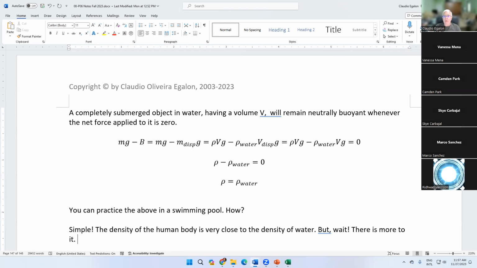It's not only very close to the density of water, but the density of the human body can be adjusted within a range, just below and just above the density of water.